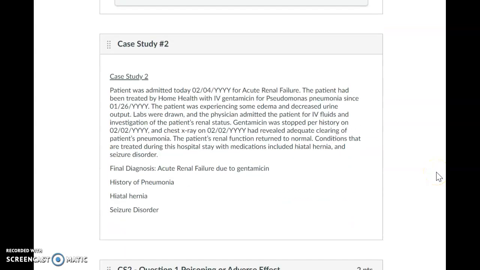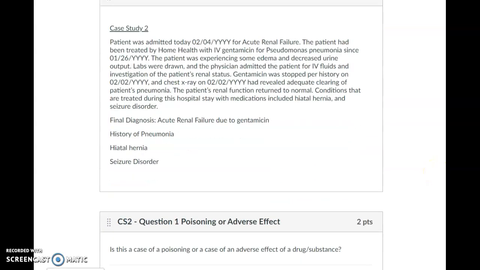Okay, let's venture on to case study 2. Patient admitted for acute renal failure. Again, they were taking medication for pneumonia since January. They're experiencing some edema, decreased urine output. Labs were drawn.